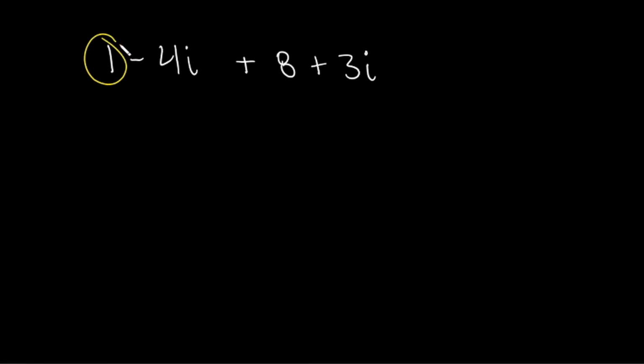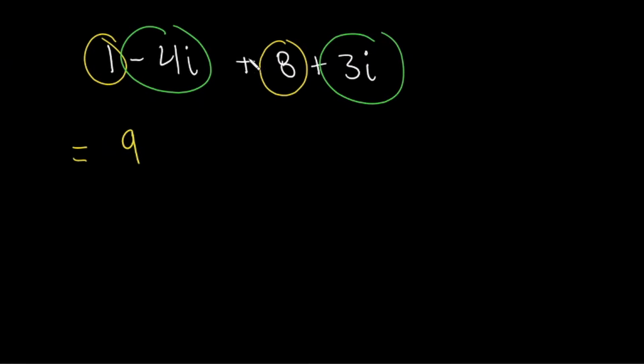We have 1 and 8, and because we're adding, it's just going to be 1 plus 8, which is going to be 9. Next, we have -4i and 3i. So what is 3i minus 4i? That is just going to be -i. So our answer is going to be 9 minus i.